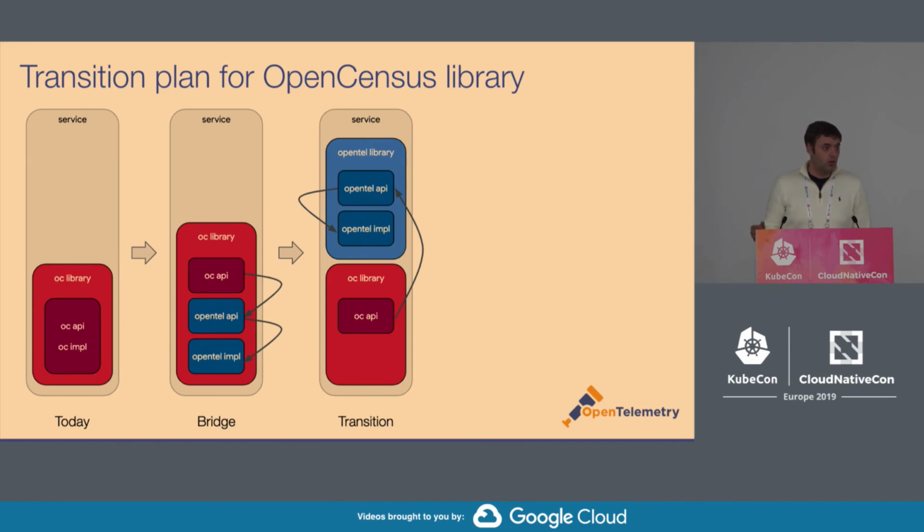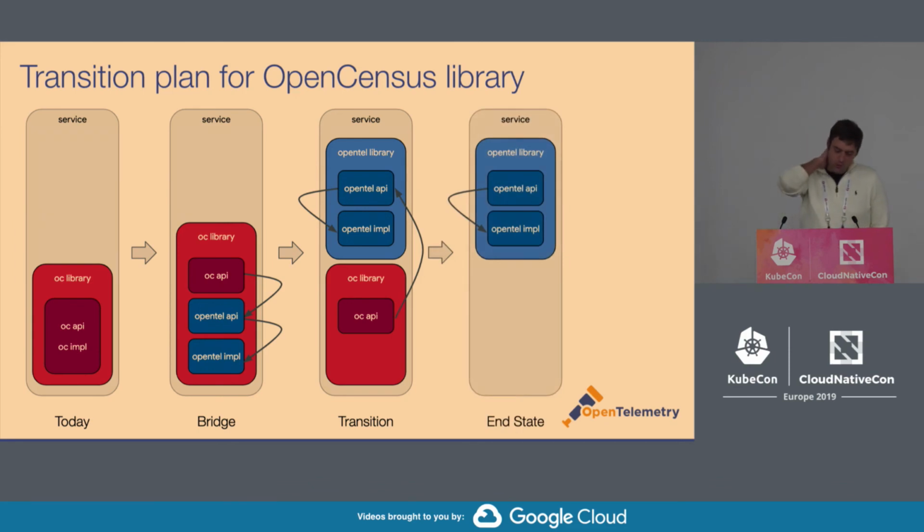That will give us enough time for this transition to happen slowly and at the right pace that we need. And the last part will be end of life for OpenCensus, marking that we achieved the transition for this project.